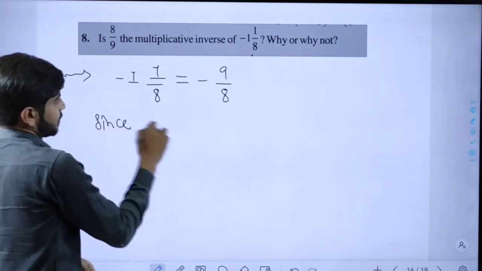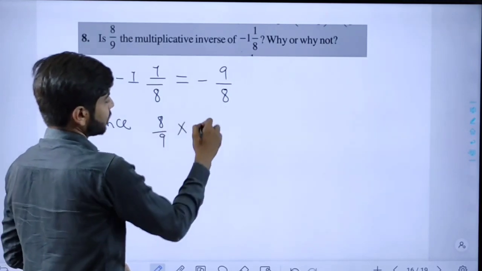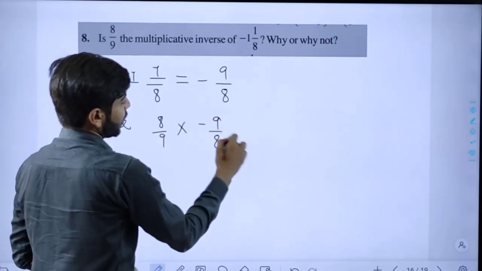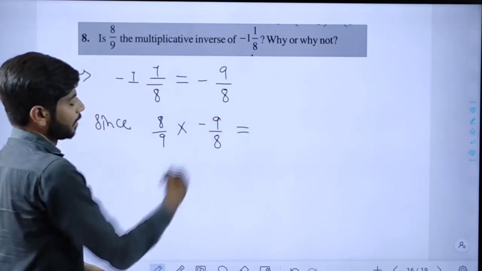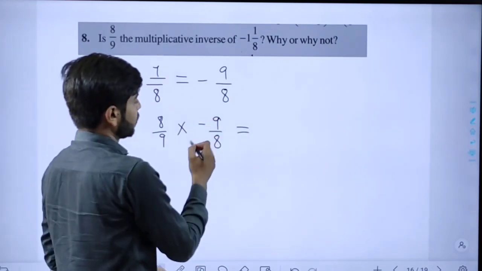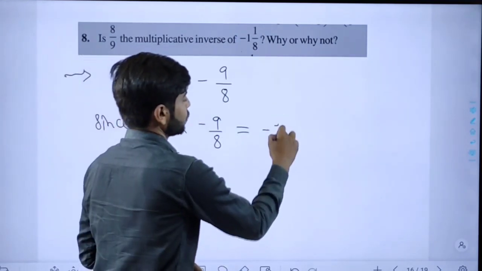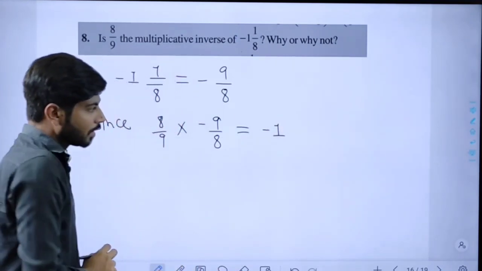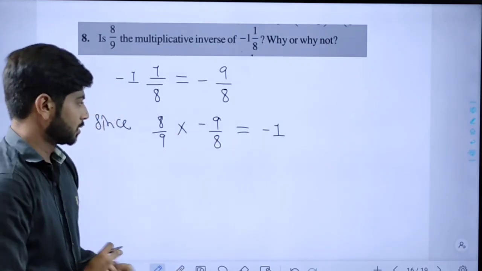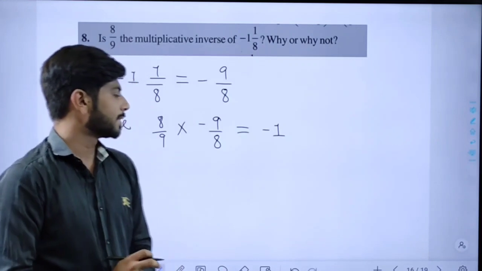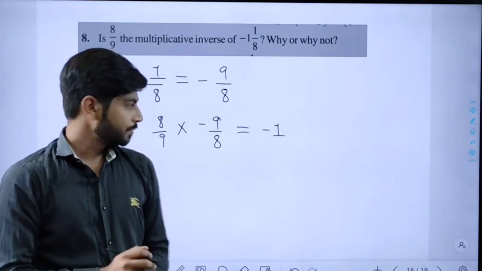Now 8 upon 9 multiplied with minus 9 upon 8, what will we get? 8 8 will be cut, 9 9 will be cut, and we will get minus, so it will be minus 1. Okay, you can see the multiplication of these two numbers gives minus 1 as the answer, but we want 1 as a positive.